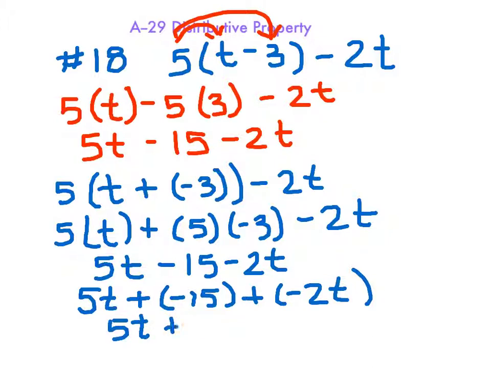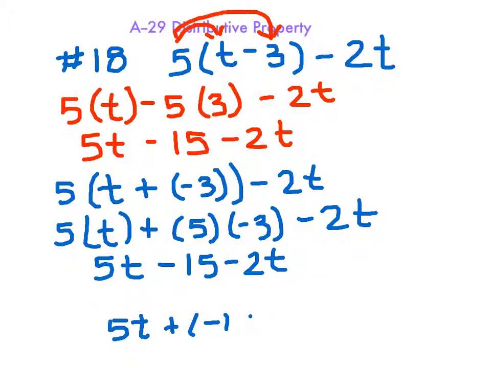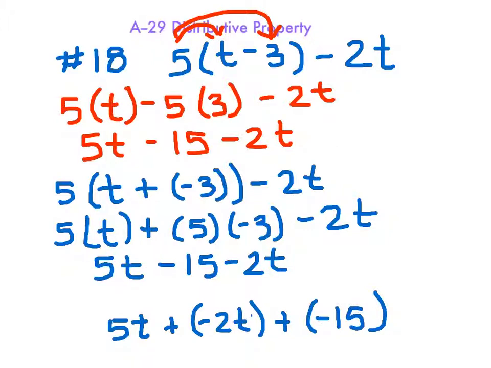5t plus negative 5, that's not what I want to say. Hold on, let me go backwards. I don't know why it got rid of that, whatever. Let's use an eraser. So that's going to give me 5t plus negative 2t plus negative 15.